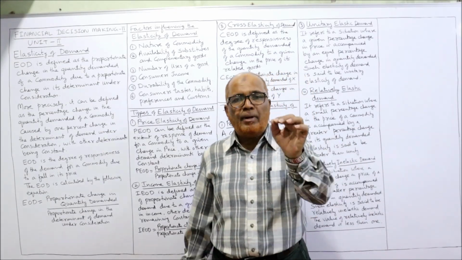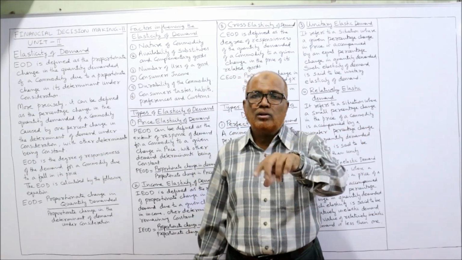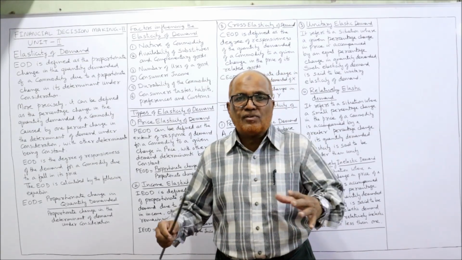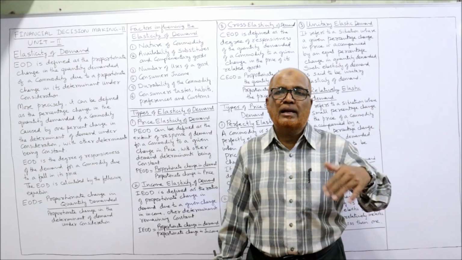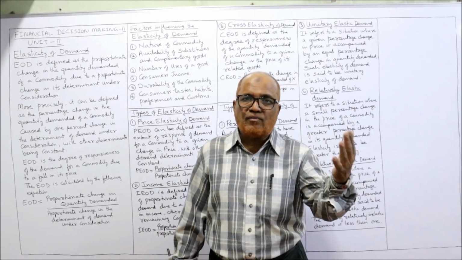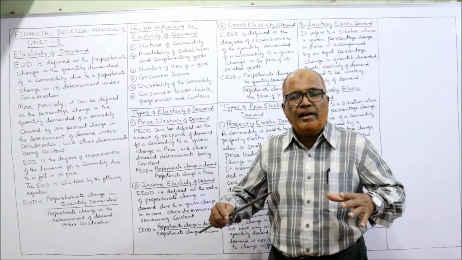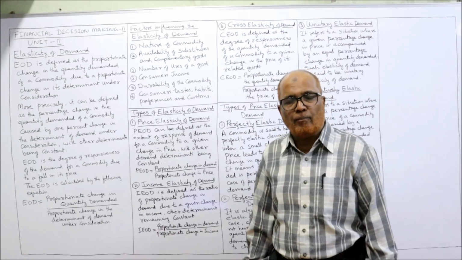Demand is affected mainly by price, but apart from price, the income of the people also affects the demand. The prices of substitutes or complementary goods, the prices of related goods, will also have an effect on the demand. So there are many determinants which affect the demand of a commodity.